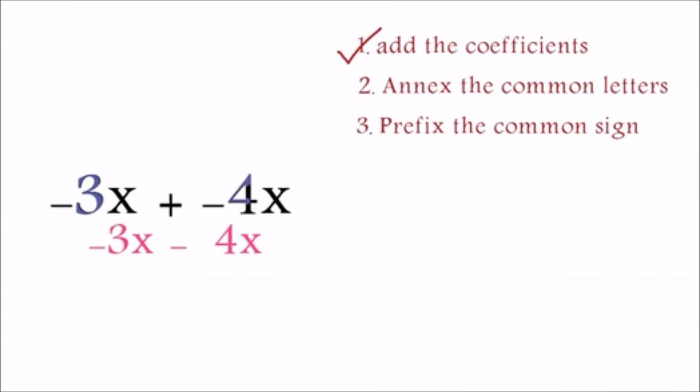These are 3 and 4 to get 7. The next thing is to annex the common letters. The common letter here is x. Finally, you prefix the common sign, which is negative. So our final answer will be negative 7x.